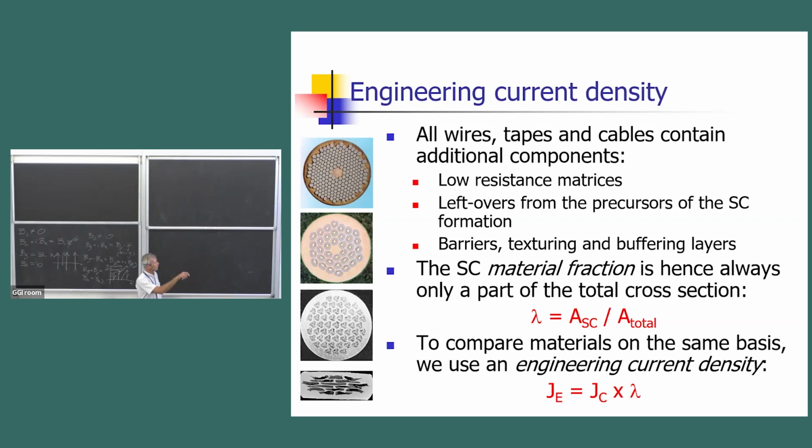So how do we compare the various materials to know the actual engineering ability to carry current? Instead of dividing by the cross-section of the superconductor, we can divide the critical current by the total area. And we call that the engineering critical current density. So it's essentially the critical current density multiplied by the fraction of the superconductor to the total area, this lambda. That's the engineering current density.